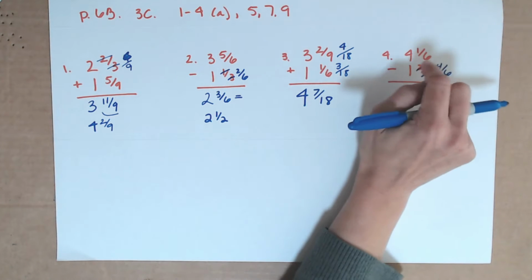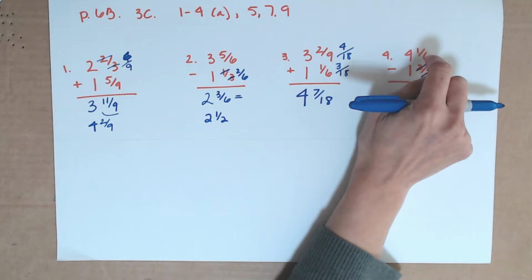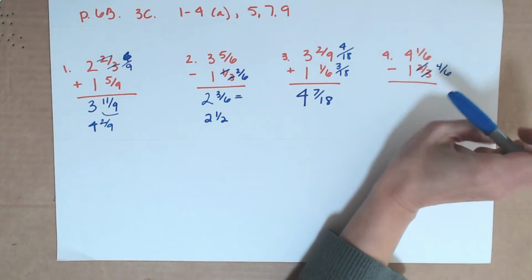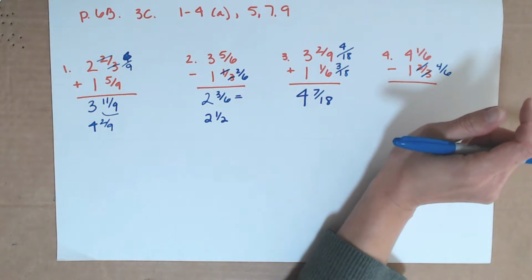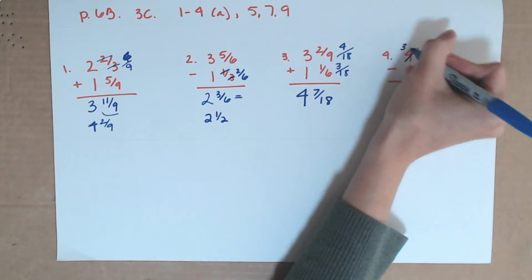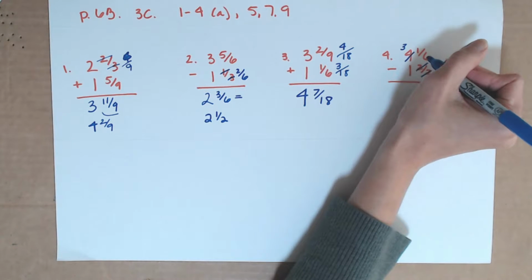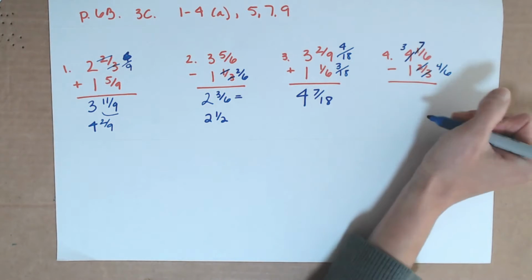We want to take a whole from this 4 and turn it into a fraction so that we can make an improper fraction to then subtract the 4/6 from. So we take 1 out of this 4. The 4 becomes 3. And then that 1 that we took out is 6/6. So we add that to the 1/6 and we get 7/6.